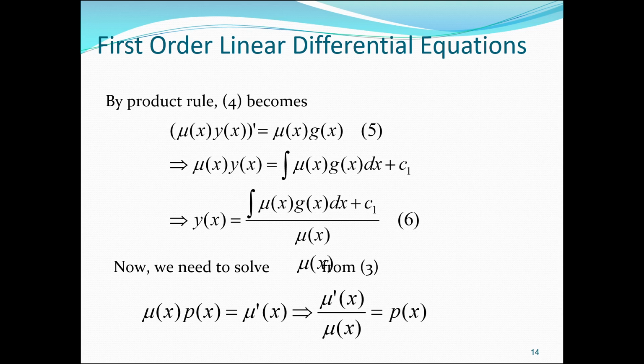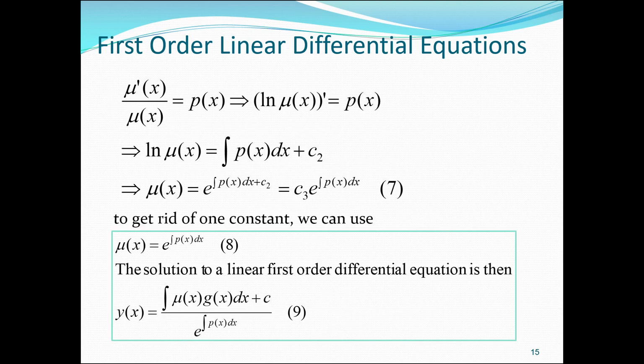Therefore mu of x into p of x equal to mu dash of x. P of x equal to mu dash of x divided by mu of x. So we take log on both sides. Therefore (logarithm of mu of x) the whole dash equal to p of x. So log mu of x equals the integral. After integrating we get log mu of x equal to integral p of x dx plus integral constant c2.